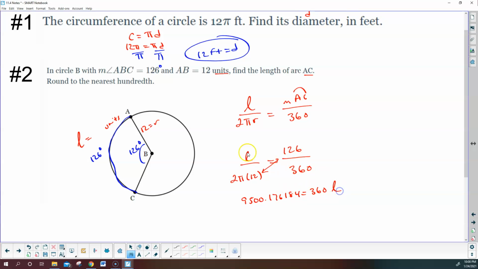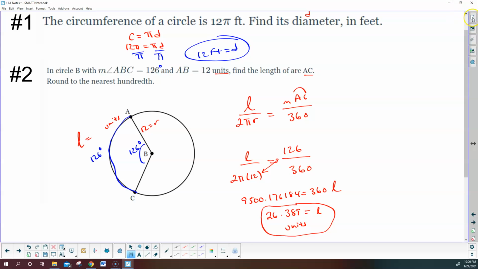We usually say take the answer and then round at the end. And that's equal to 360 times L. Then take that answer, divided by 360. And they don't give us units, so this would just be regular units.